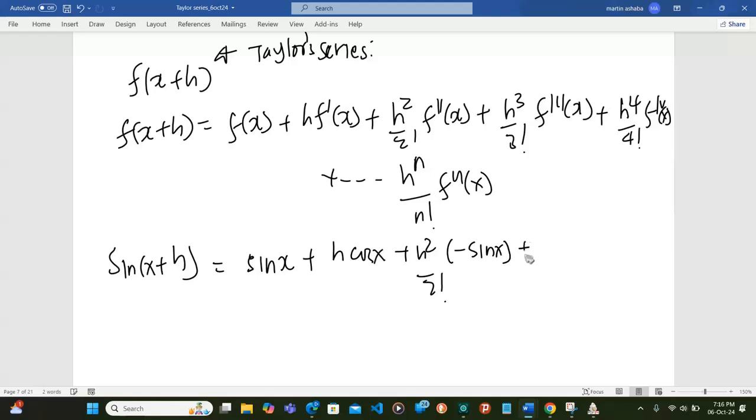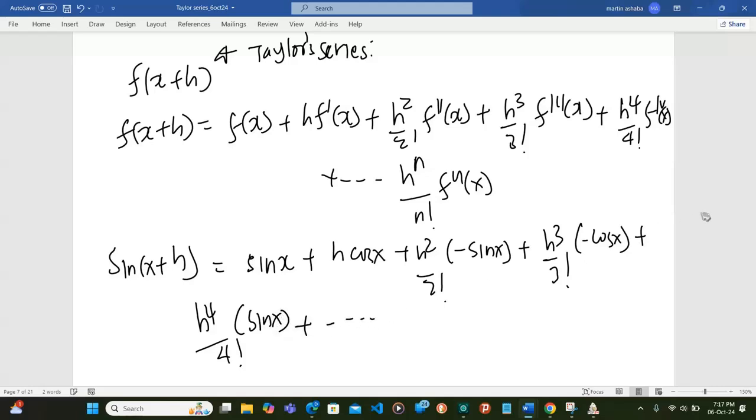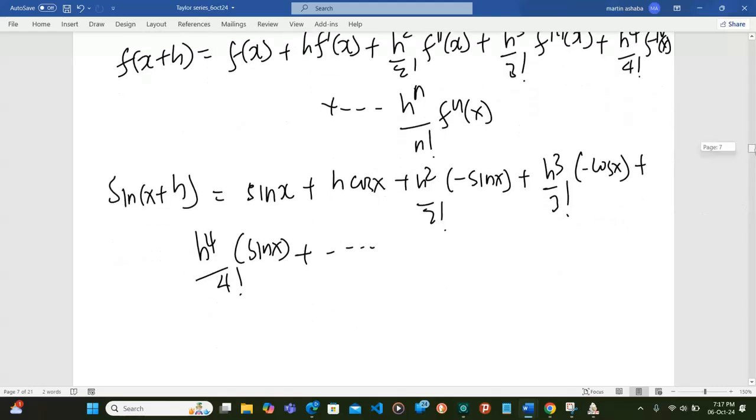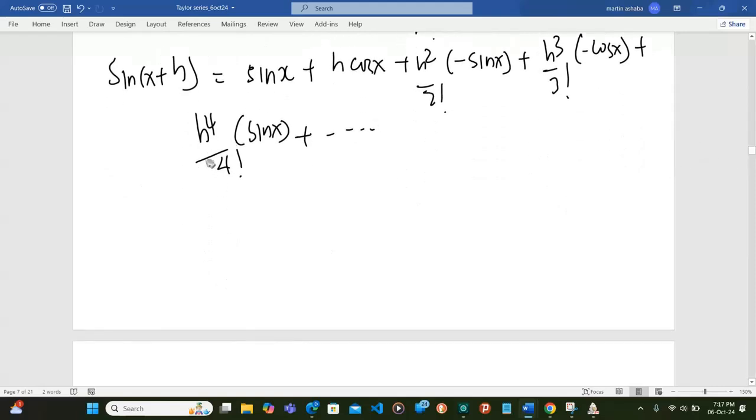Then plus h cubed out of 3 factorial times the third derivative, which becomes negative cos x. Then plus h power 4 out of 4 factorial times the fourth derivative, which becomes sine of x, plus many terms. So that's what it means.